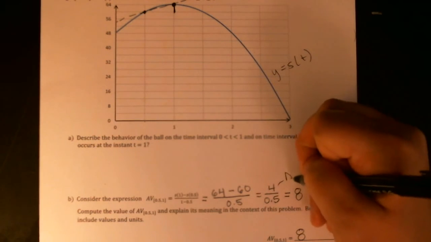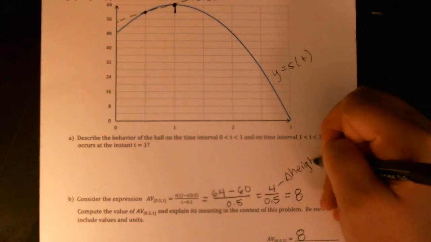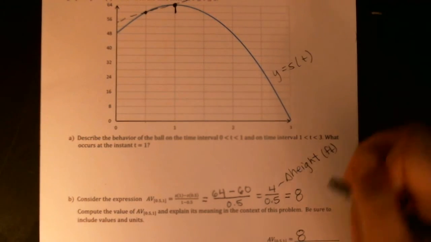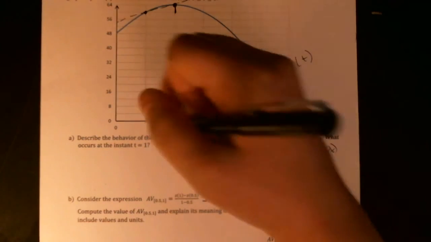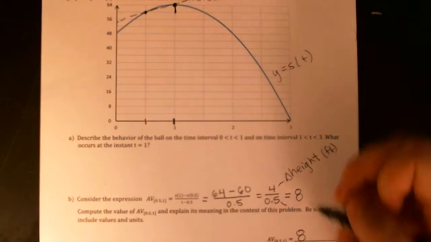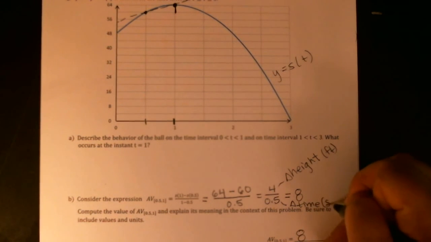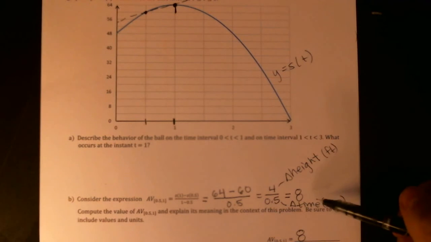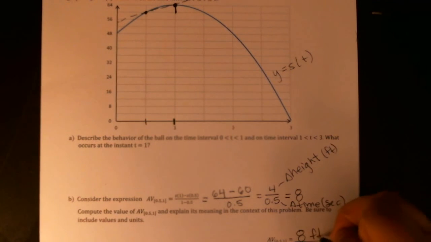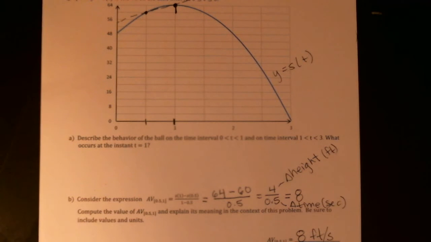So this is change in height, which was measured in feet, and the 0.5 was the change in t, which is time, so this is change in time, and that's measured in seconds, which means the 8 will have units feet per second. So basically what you're getting here is the change in height over the change in time, which is average velocity.